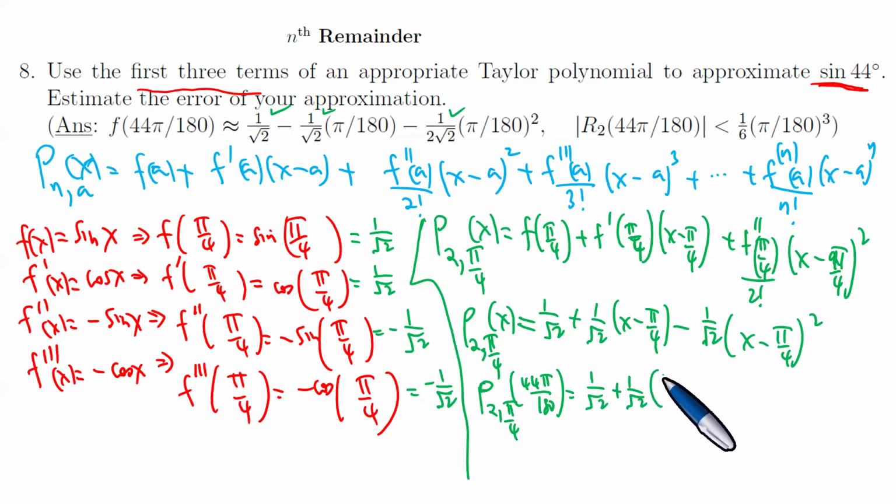In the place of the x, you put 44 pi over 180, minus pi over 4.